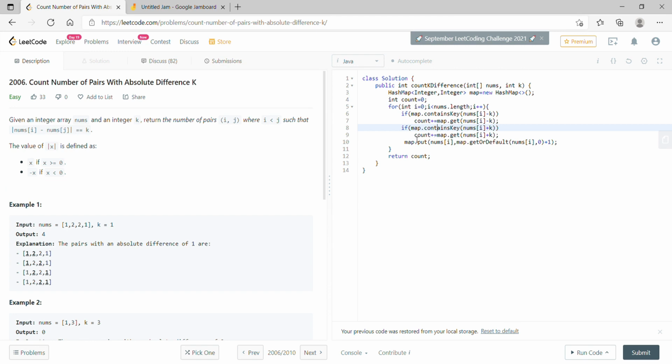In this case also we are just adding the frequency, and this line is a fancy line in Java where, if the element is present, we update it by 1, and if it is not present, we add 1 to 0. Okay, so if you're not coding in Java, then you don't need to worry. You should write your map according to the logic of building frequency for every element.